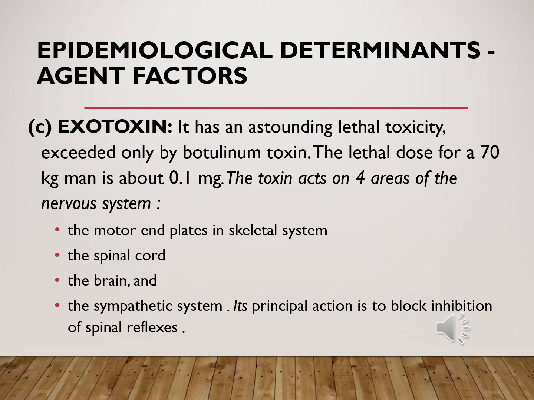The exotoxin acts on four areas of the nervous system, which are the motor end plates in the skeletal system, the spinal cord, the brain, and the sympathetic system. Its principal action is to block the inhibition of the spinal reflexes. Period of communicability. It is none because it is not transmitted from person to person.